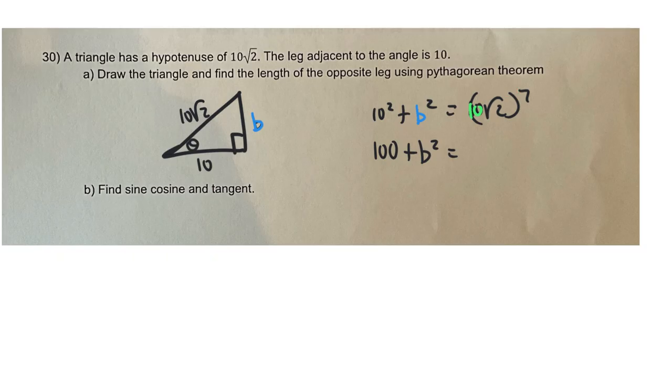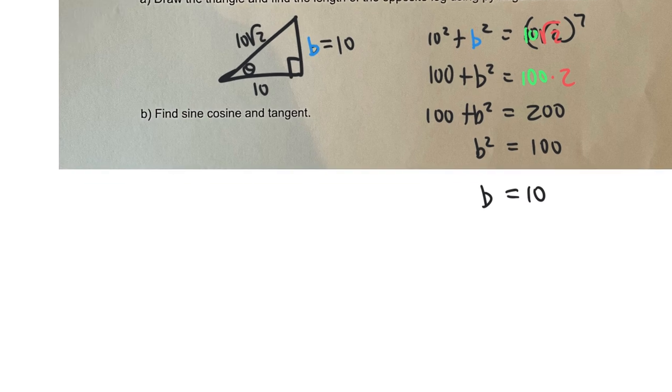When we apply the exponent of 2 to the green 10, that's going to become 100. When we apply the exponent to the radical 2, that's going to become just 2. Ponder that if need be. Then we have 200 equals 100 plus b squared. Subtracting 100 from both sides gives us 100. Square rooting both sides gives us 10. So it turns out that b is equal to 10.